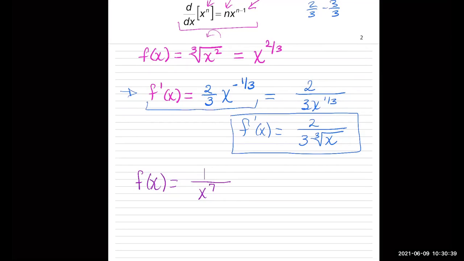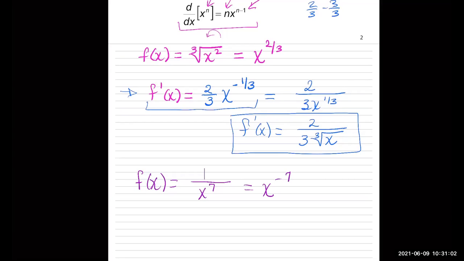That doesn't work. We're going to talk about that some more in section 3.4. So what we're going to have to do is rewrite that so that it looks like x to some power. How can I rewrite 1 over x to the 7th so it looks like x to a power? Yeah, that's x to the minus 7. Good.